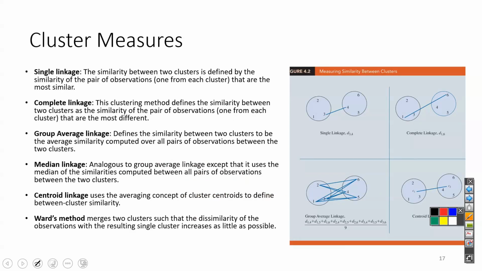The complete linkage is the opposite. I want to find the distance across the classroom. So for this group, maybe I will use you, and for the other group, I will use the lady in the back over there. So the distance between these two groups is based on that farthest pair. That's why in SPSS, it's called the farthest neighbor.